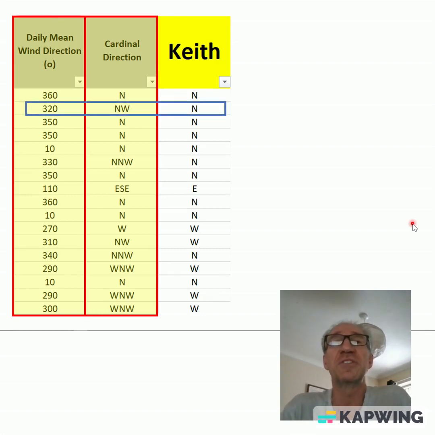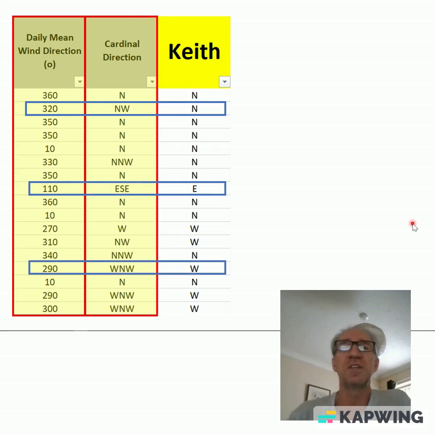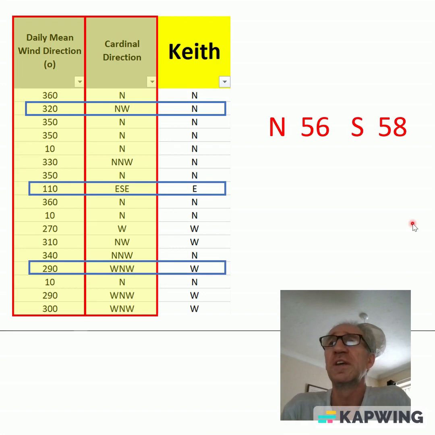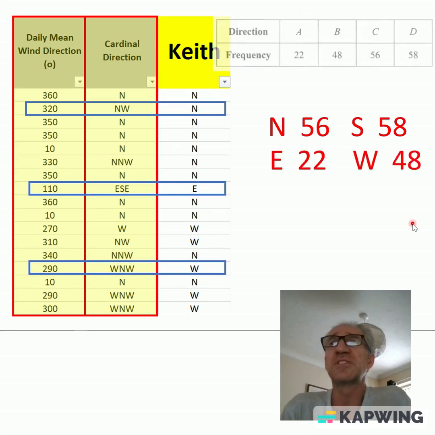So 320, for instance, is nearest to north. 110 is nearest to east. 210 is nearest to west. And when he did that, he found there were 56 norths, 58 souths, 22 easts, and 48 west. So the A was 22. Now, if you did that, then you really earned your 1 mark for that question. But I don't think anybody else other than Keith did this in the country.